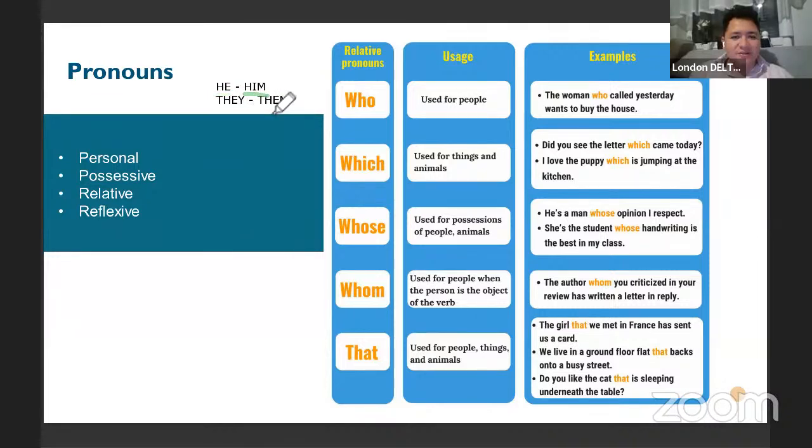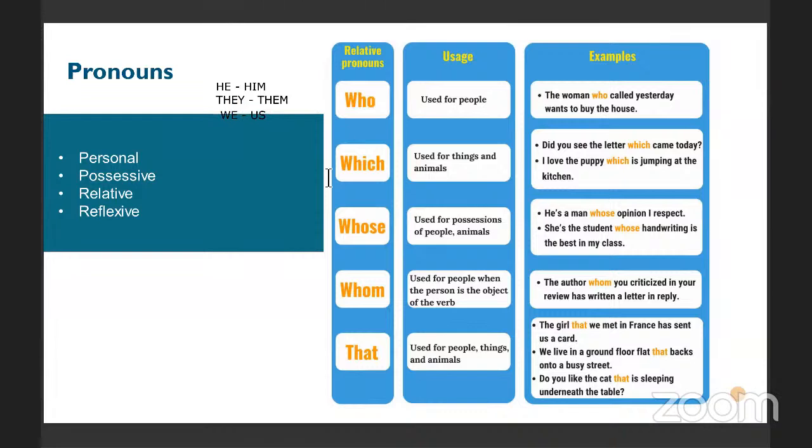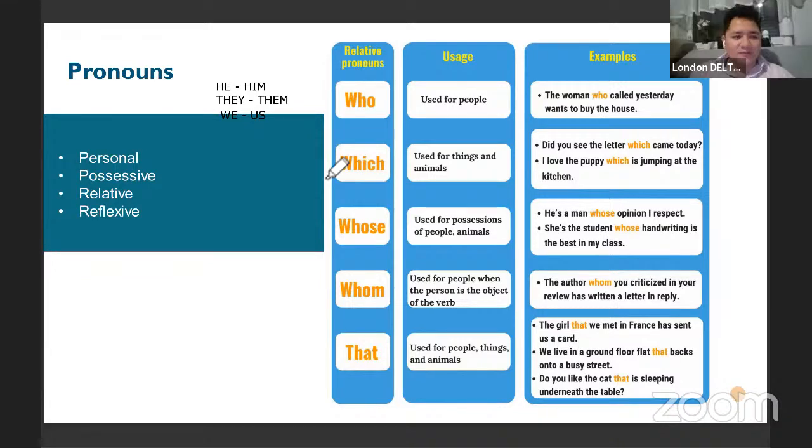Okay. Or what is the difference between we and us? When do you use we? When do you use us? When something is about me and other people, and we when talking about us. Okay, I think we are a little bit lost.